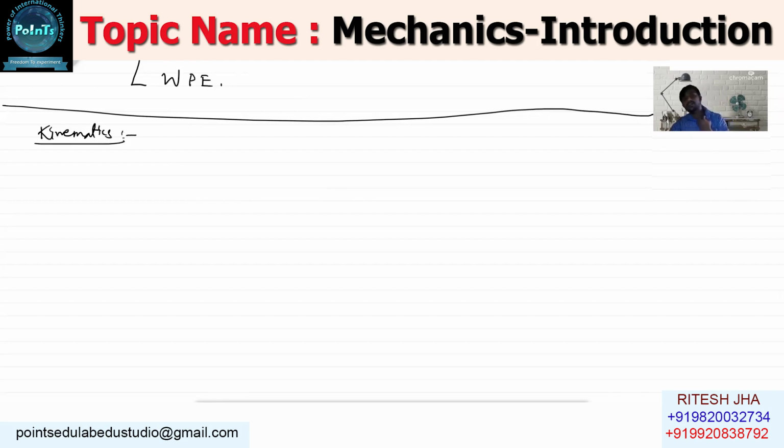Now, why are we learning this particular topic? What is the significance of knowing this chapter? There was a Ukrainian guy, you must have heard, who launched a missile to hit the Malaysian airline a few years back.